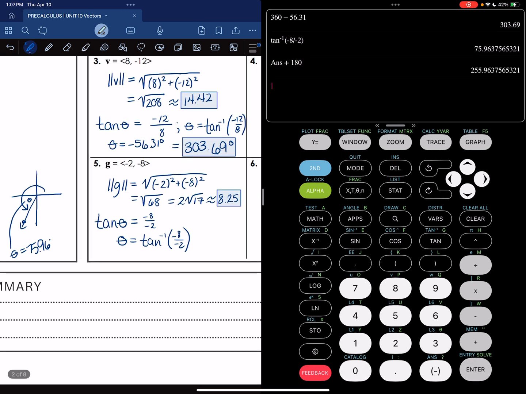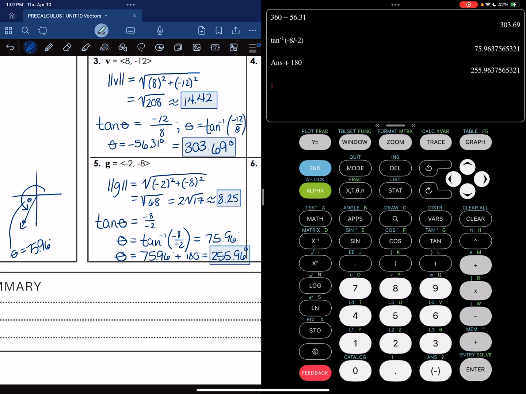So we take 75.96 degrees and add 180, and that gives us 255.96. There we go.